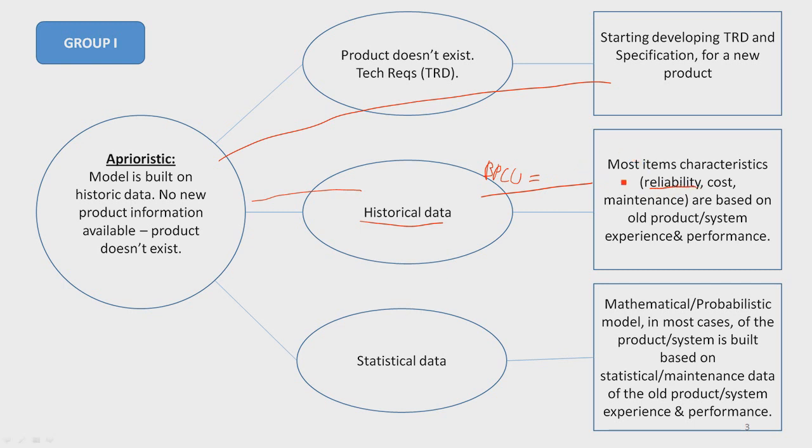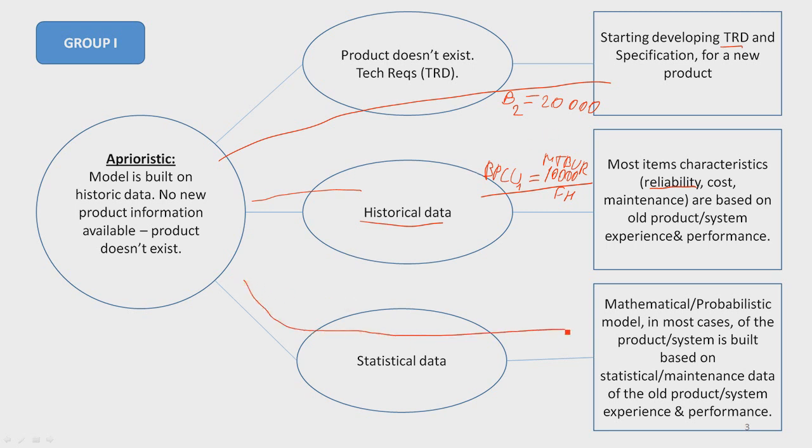Because we are talking here about reliability, 10,000 flight hours MTBUR, for example. Now for the new product TRD, we have, let me call it just B, we have maybe C1, maybe 2. We have 20,000. So a TRD requirement is 20,000.